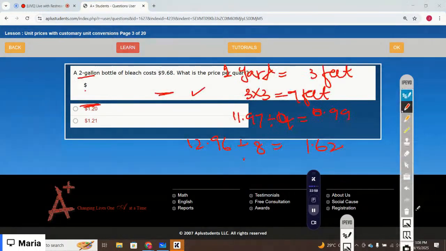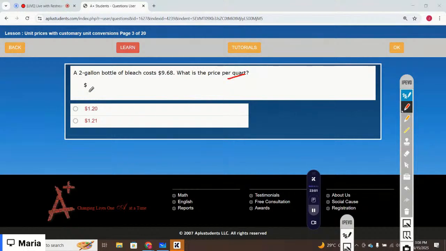Because you need to find the value per quart. So convert those gallons to quarts. So 1 gallon equal how many quarts? 1 gallon equal 4 quarts.